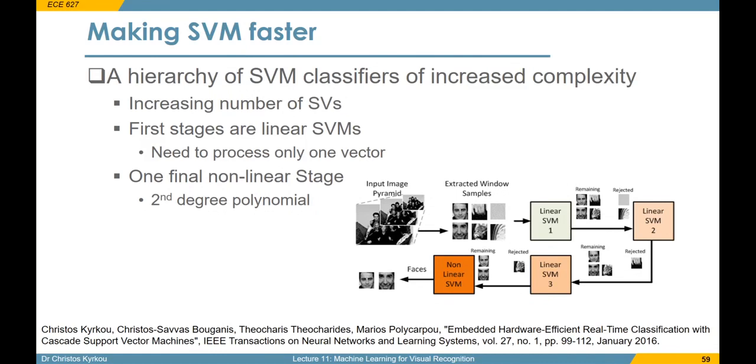We use linear SVMs first to classify a lot of the inputs really fast. Then as we progress through this cascade, we discard more and more objects. At the end, we have a nonlinear SVM that addresses the hard examples that the linear SVMs cannot discriminate. This is a cascaded SVM approach, so we can improve the speed beyond standard SVMs.